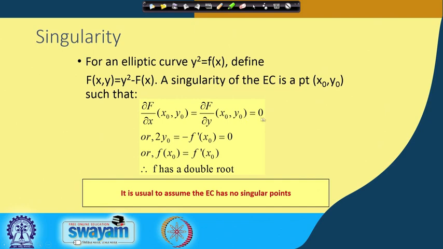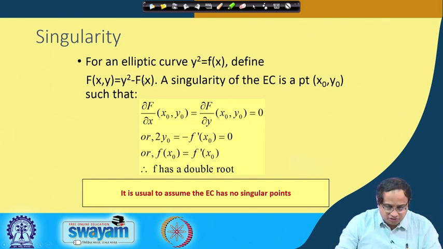So, if you take this equation and differentiate it with respect to x, you get minus f dash (x0). Likewise, f(x, y) equals y squared minus small f(x).